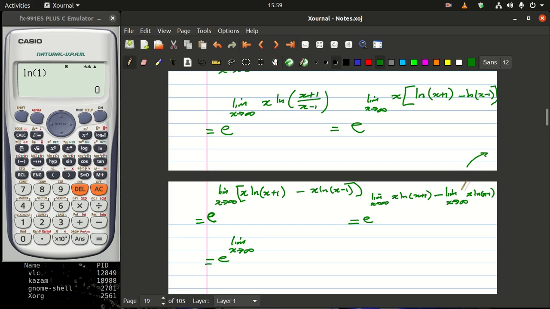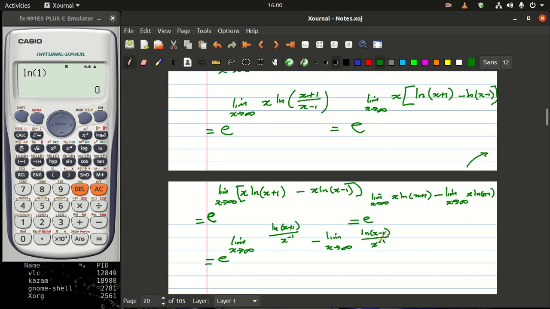How do I deal with infinity minus infinity? So the best way now to do this is to change this one here to be ln of x plus 1 divided by 1 over x, and then minus the limit as x approaches infinity, and then I'm going to change this one to be ln of x minus 1, and then I divide it by 1 over x, and we know that 1 over x is the same as x raised to minus 1.